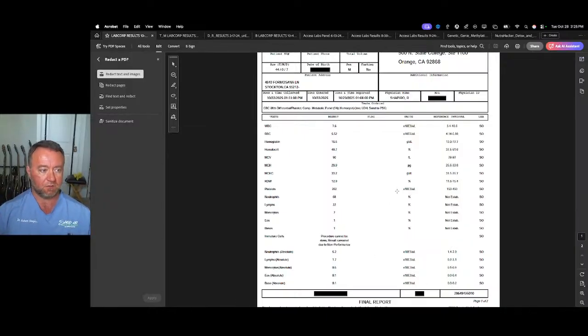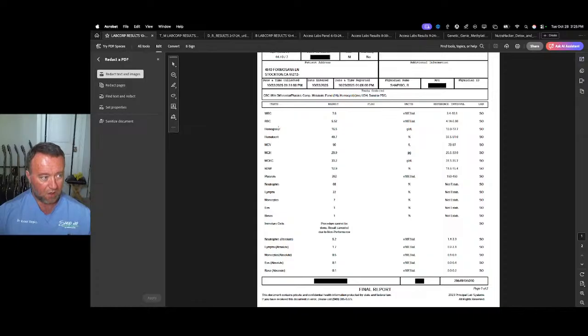So we just ran another blood panel on him, and I ran a more comprehensive panel. On this panel, I ran a full CBC, and the reason I did that is they also found that his red blood cells and his hematocrit, which is the thickness of the blood, were on the high side.